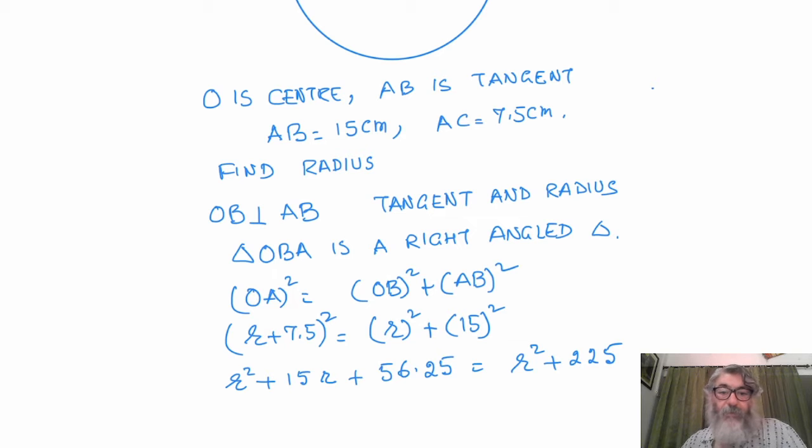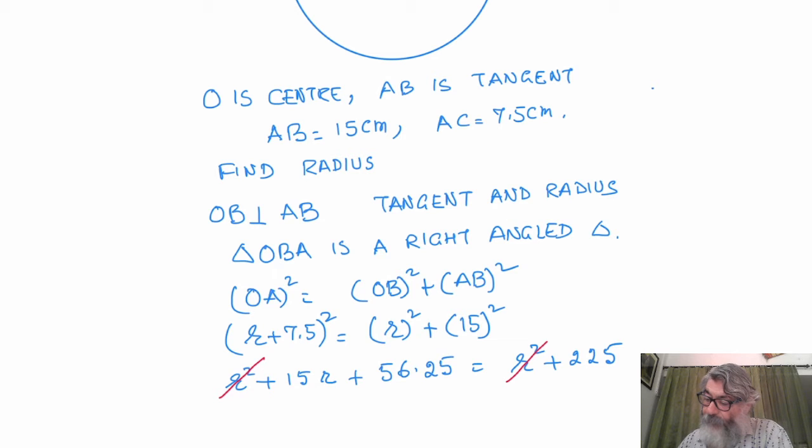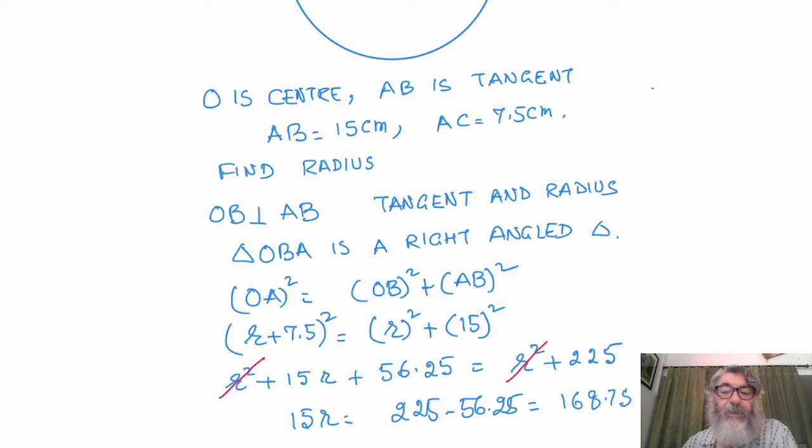Now this R square will cancel with this R square, and we will be left with 15R equal to 225 minus 56.25, which comes out to be 168.75.